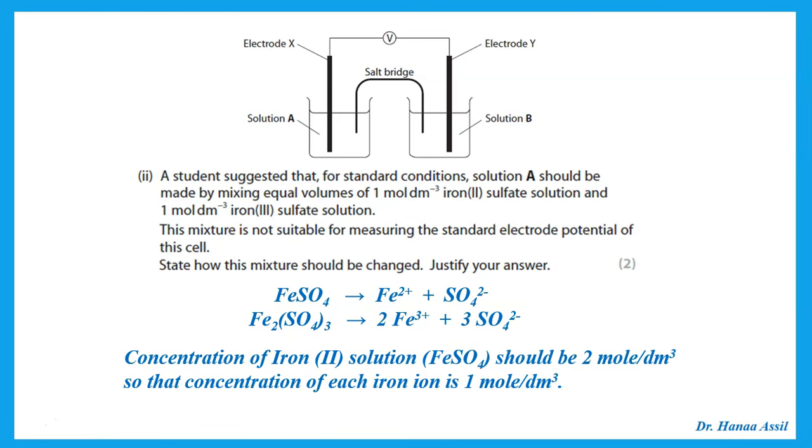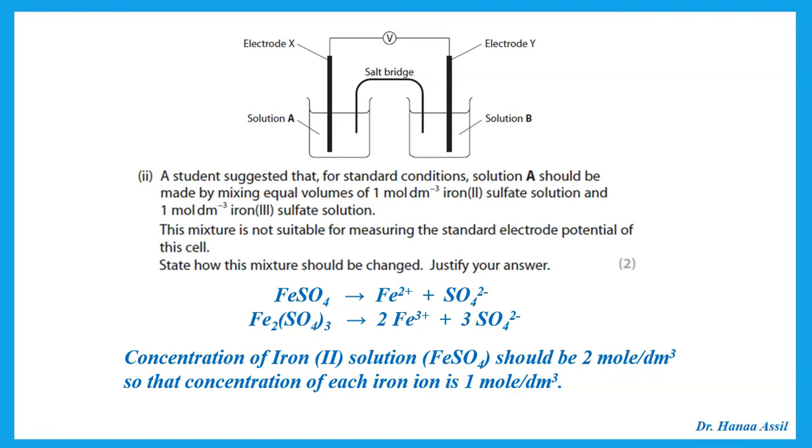So actually, when I want to mix iron 2 sulfate and iron 3 sulfate in order to make the half cell, I need to put concentration of iron 2 sulfate 2 mole per decimeter cubed, so that the concentration of each iron is 1 mole. So I need to put 2 mole per decimeter cubed of iron 2 sulfate with 1 mole per decimeter cubed of iron 3 sulfate.